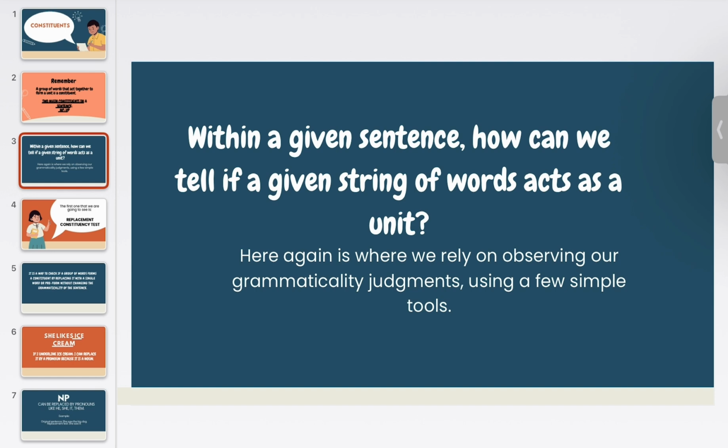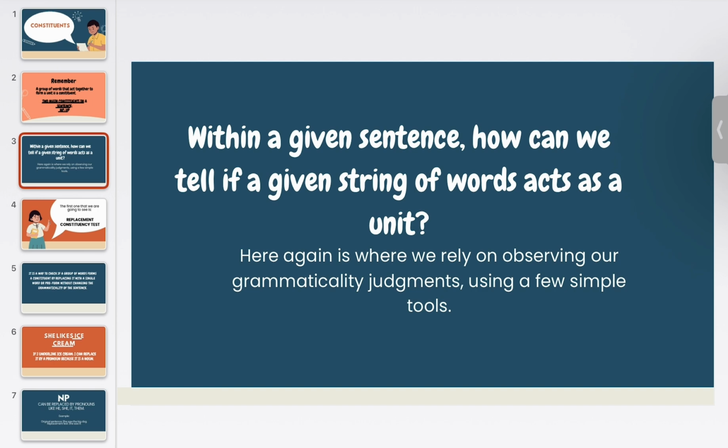Here again is where we rely on observing our grammaticality judgments using a few simple tools. As I was telling you in class, now we are going to see some tests, and those tests are going to help us identify when a word or a group of words that is underlined in a sentence is a constituent.